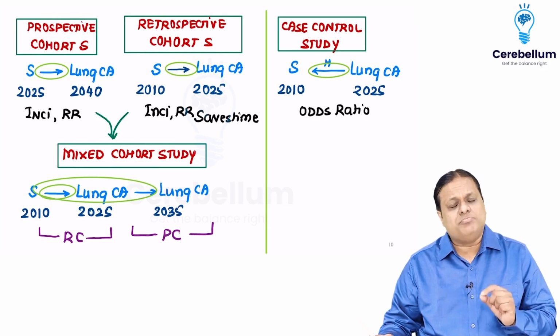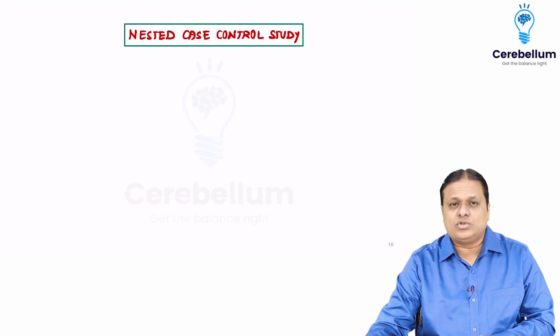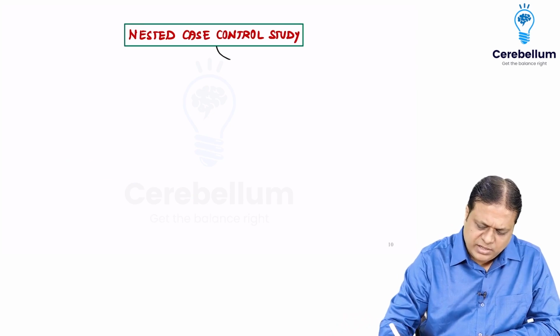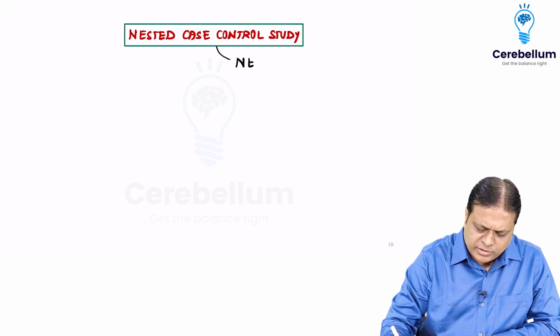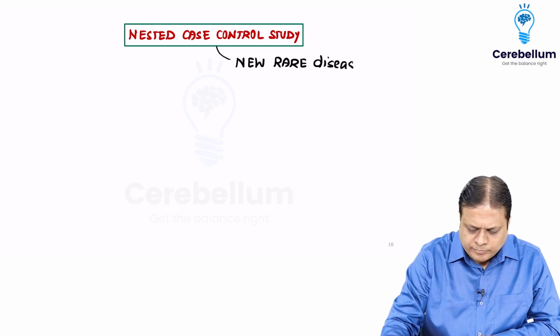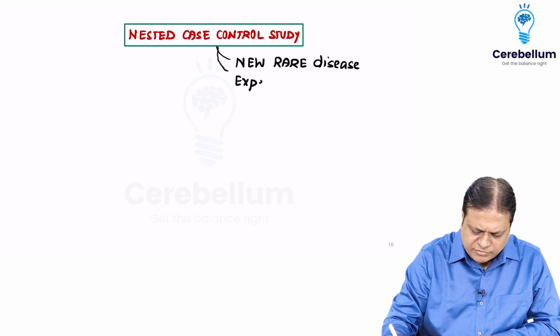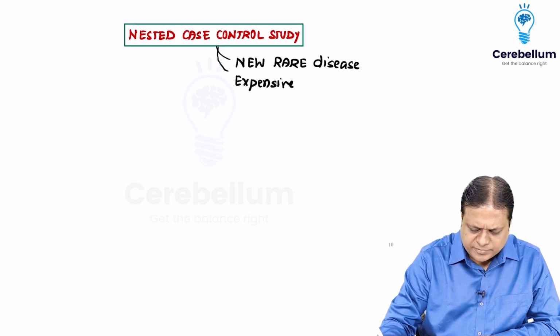A case control study is backward in nature. Another combination design of cohort and case control study is the nested case control study, which is generally done for a new rare disease which has a very expensive diagnostic test.